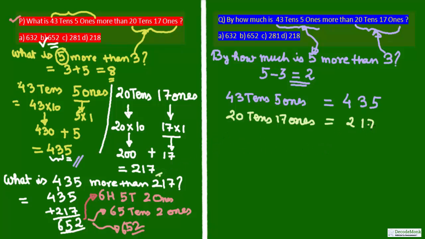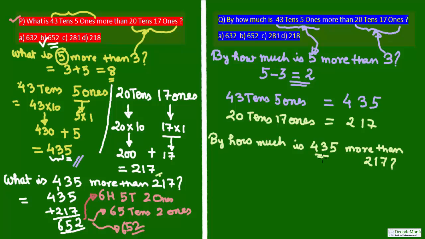So let me rewrite the question: by how much is 435 more than 217? So now I think the meaning of the question seems to be clear, because the number has been broken into its numeric value. So the answer would be 435 minus 217. We can arrive at the answer if we subtract or find the difference of the two numbers.